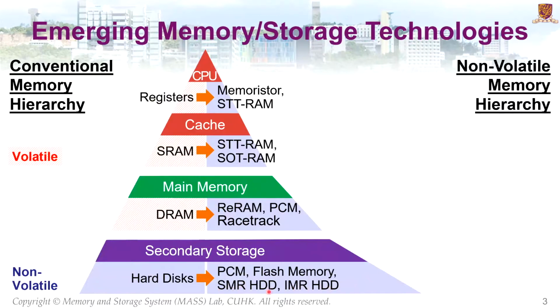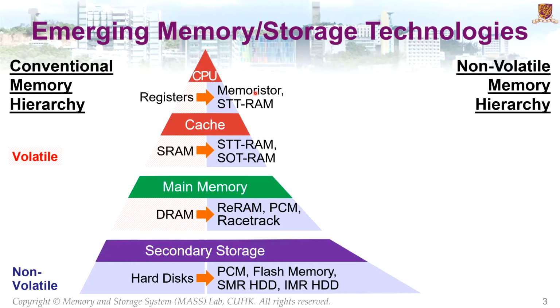Here I'm not trying to bore you with these terms. I'm just trying to point out that thanks to the quick advancement from many fields, we have different choices to construct our future memory hierarchy.